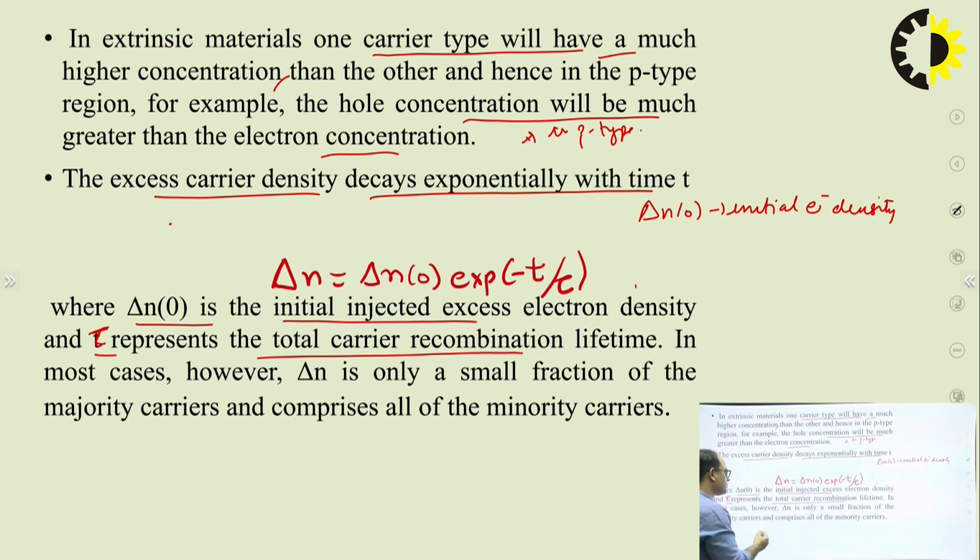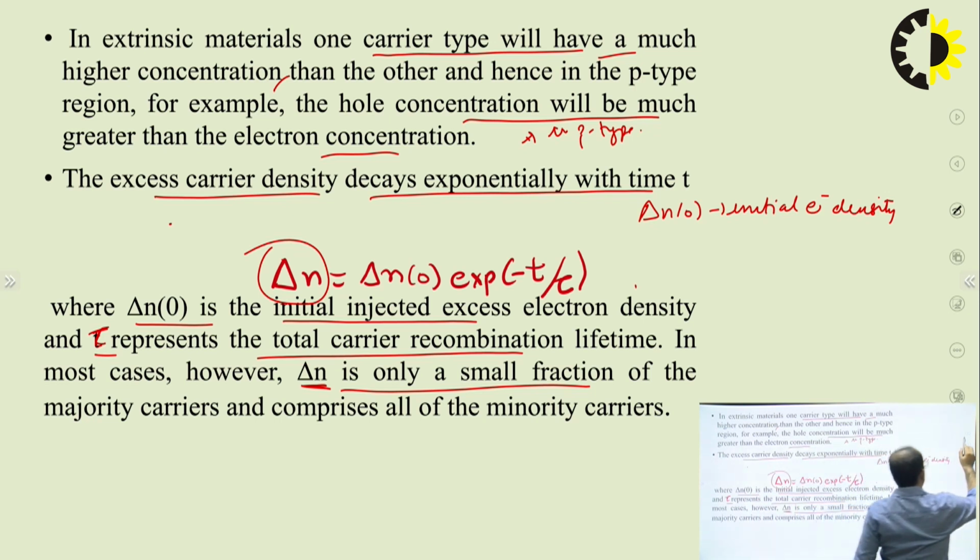And delta n is only a small fraction of the electrons which are left after recombination. As recombination takes place between the holes and the electrons, the electron density decreases in an exponential manner, and delta n is the number of electrons that remain after a certain time, that is delta n is equal to delta n naught exponential minus t by tau.